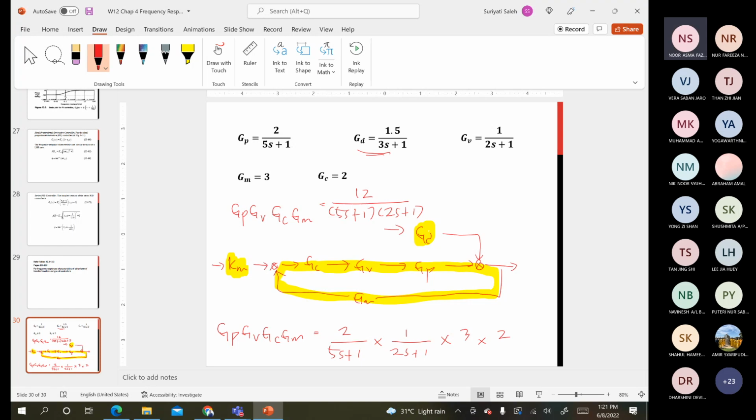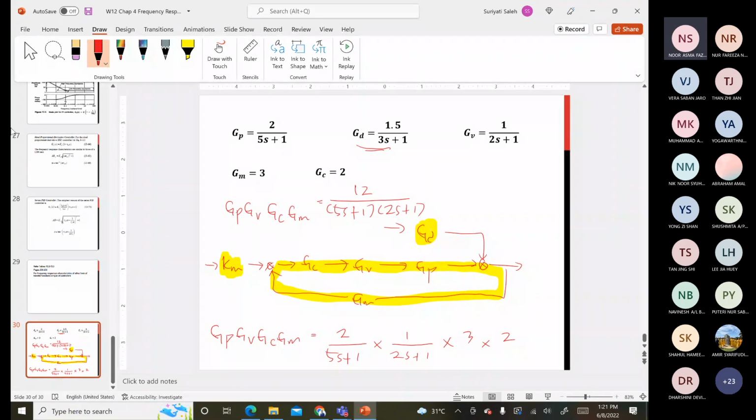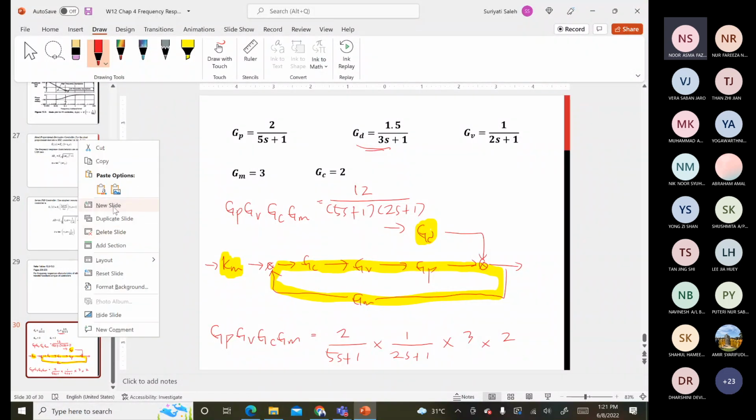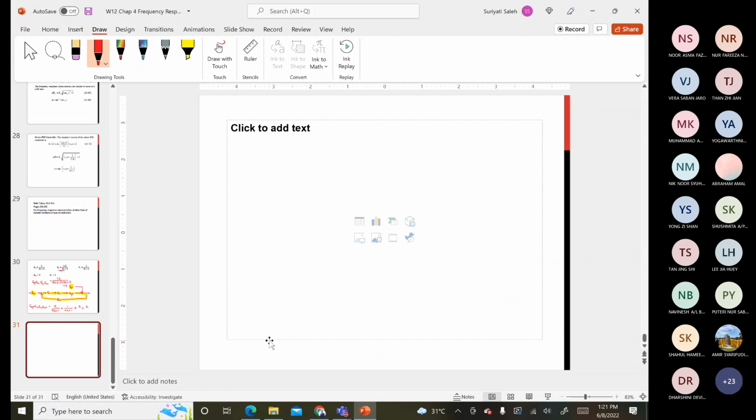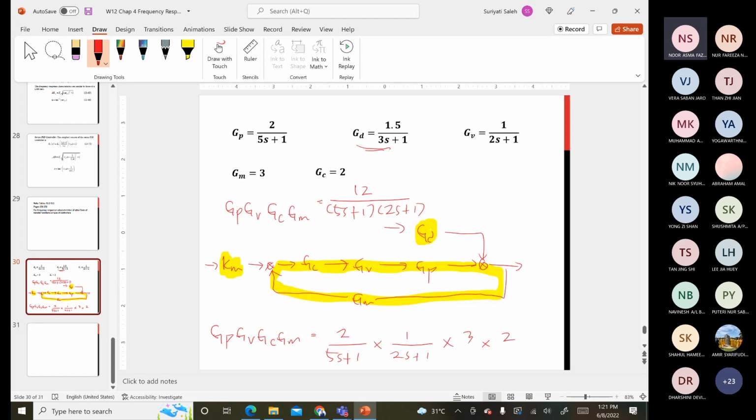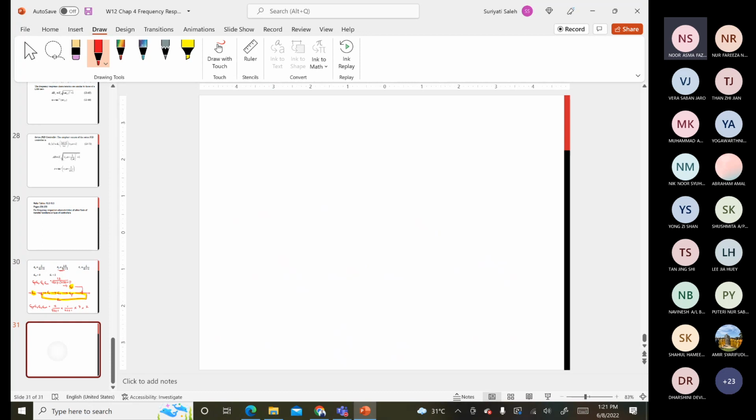Sometimes the GD is given to test your understanding. If you understand, then you know that the equation will not be used for evaluating the closed loop. So for this part, you have 12 over 5s plus 1 and 2s plus 1.